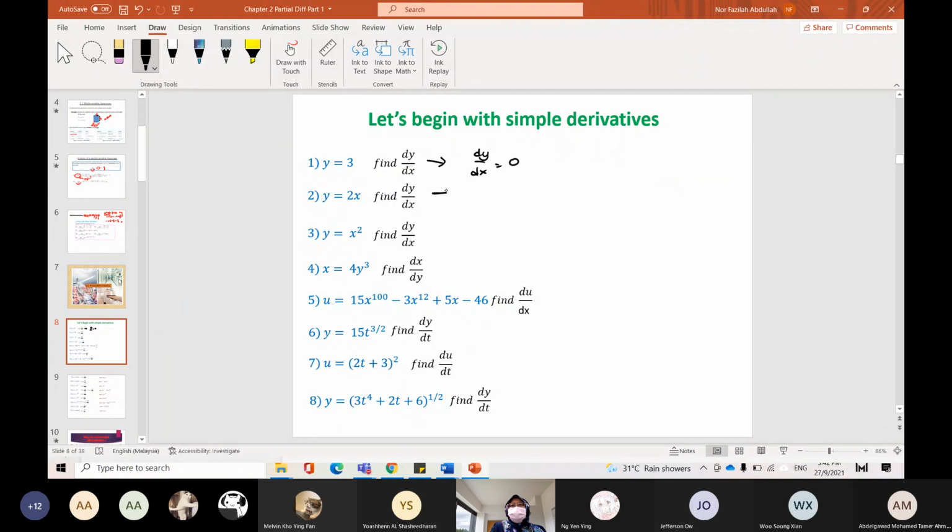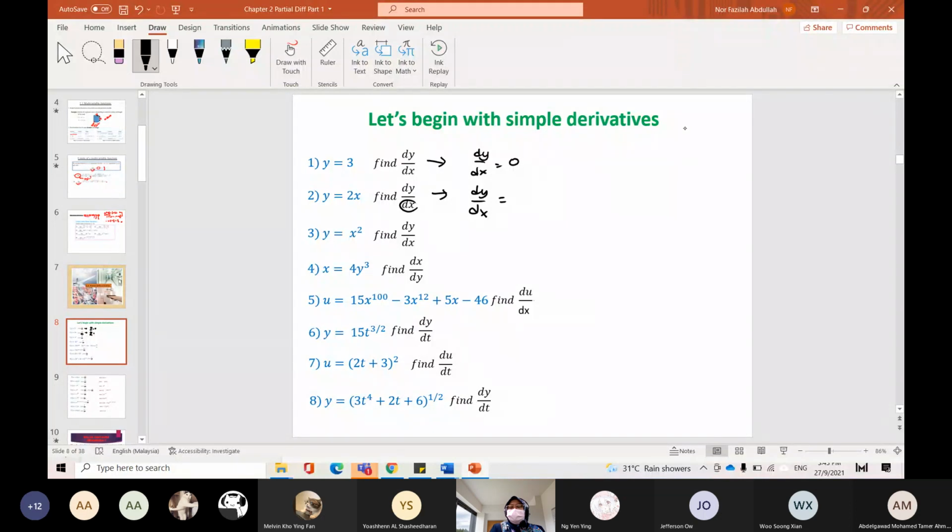Number 2. Find dy over dx, where y equals 2x. Which one is correct, 1 or 2? It is 2. When you derive with respect to x, this is your constant.